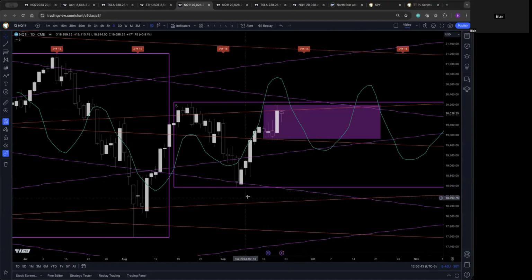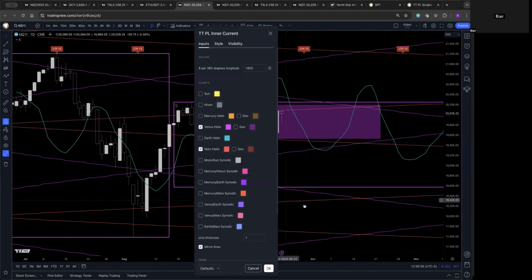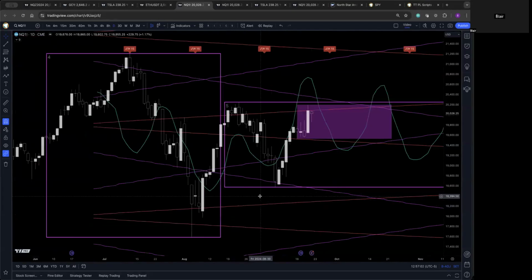That's not the case. So you can see how good the hits are down here on Venus helio, how good the hits were on Thursday on Mars helio. So this is a pretty good setup right here of PL inner current.